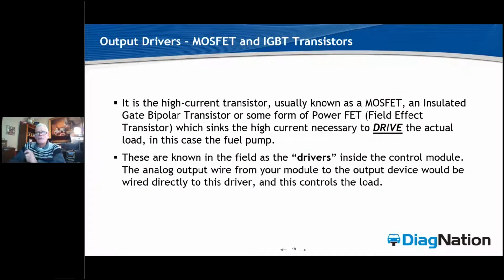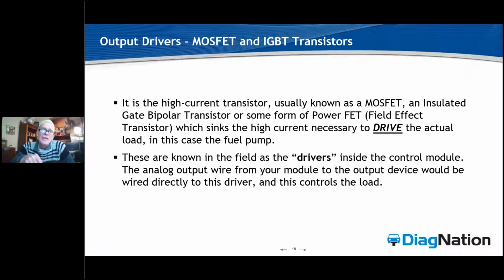Now, the output drivers that we were drawing here take several different forms in an automotive platform. You've got a high current transistor known as a MOSFET. The other thing that we see a lot in these vehicles are insulated gate bipolar transistors, IGBTs, which are a very high speed, high current, high voltage switching device.